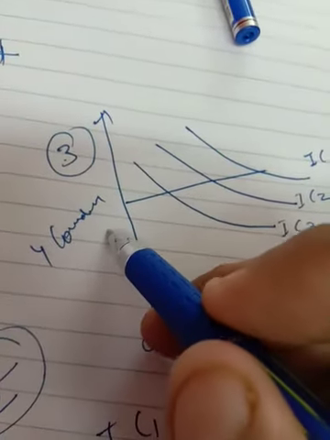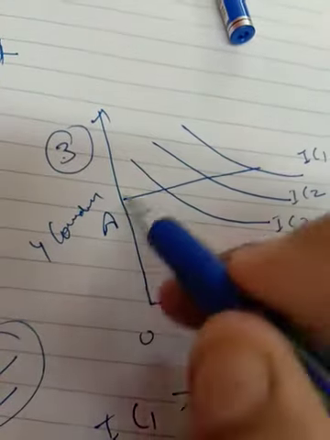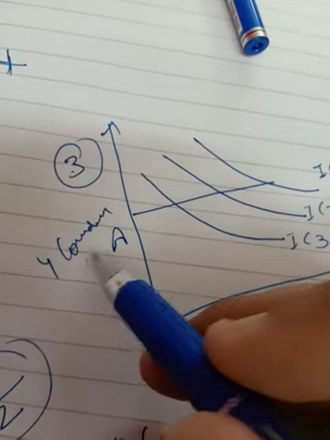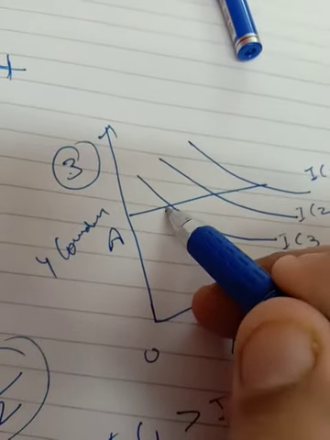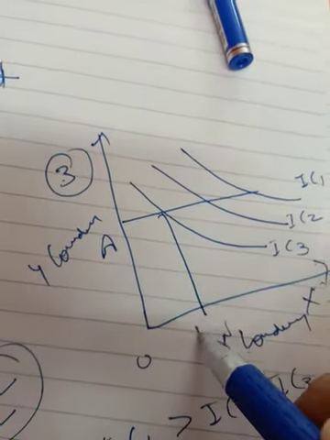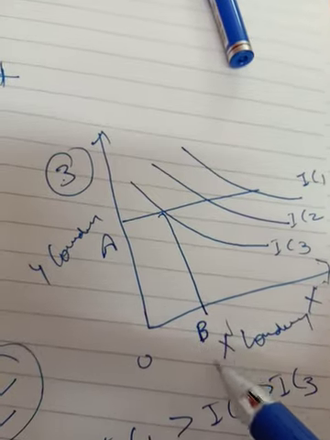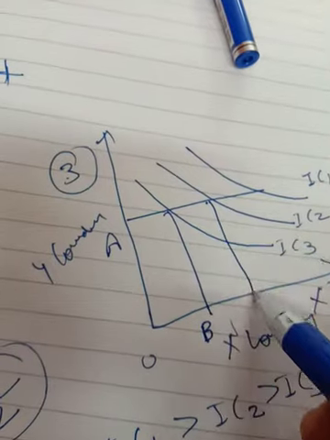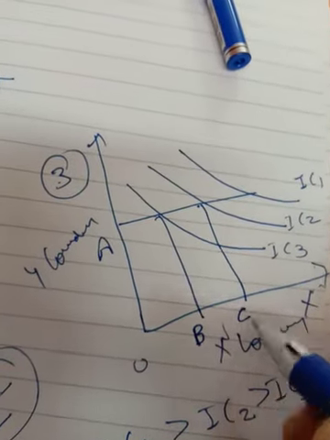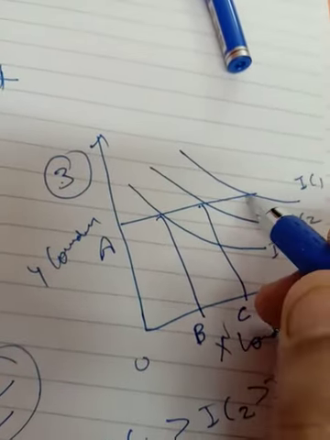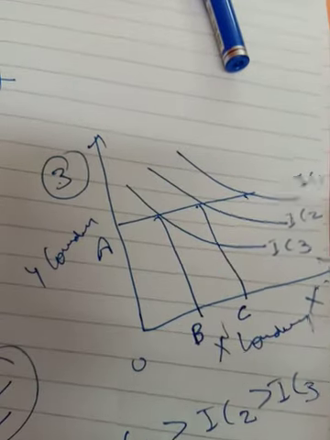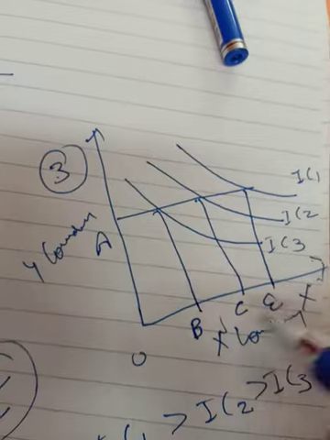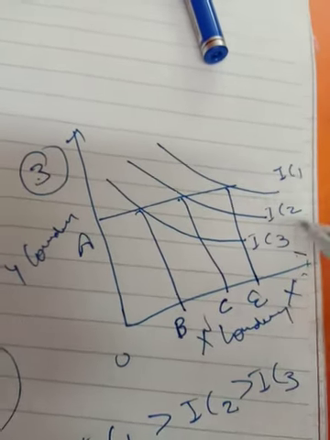Y commodity we are consuming, suppose, OA. Now if we are consuming OA quantity of Y commodity, then we are consuming OB quantity of X commodity, and for IC2 we are consuming OC quantity of Y commodity, and for IC1 we are consuming OE quantity of X commodity.